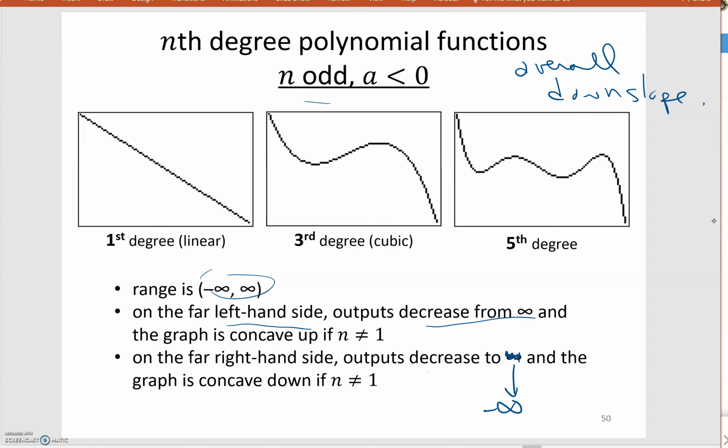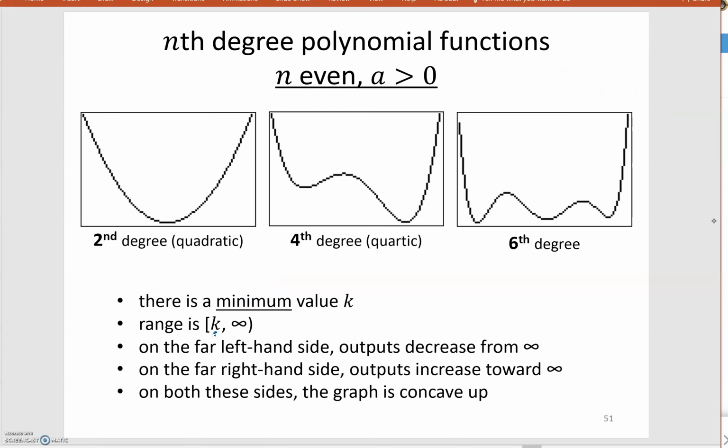Now, if we look at even degree polynomials, the situation is quite a bit different. So let's look at even degree with positive leading coefficient. So second degree, fourth degree, and so on, where the a value is greater than 0. In that case, we have this overall concave up behavior.